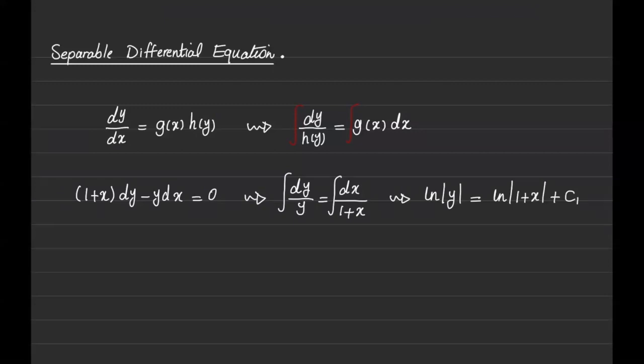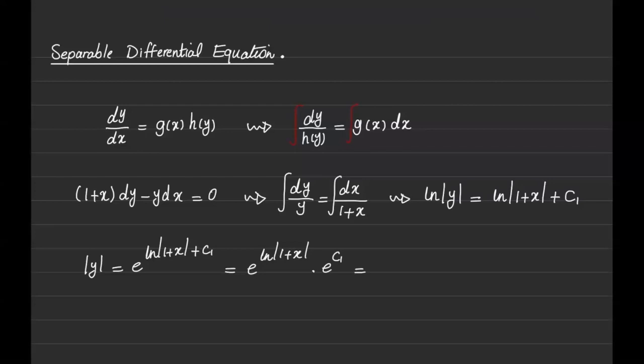If we exponentiate both sides of the equation, we will have e to the power of ln of 1 plus x plus c1 on the right-hand side. We can rewrite the right-hand side as e to the power of ln of 1 plus x times e to the power of c1.